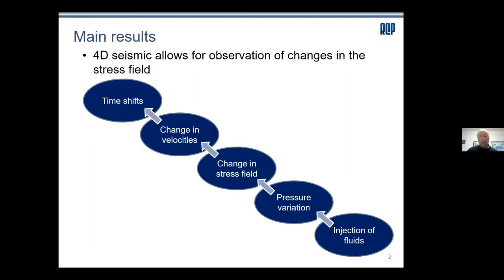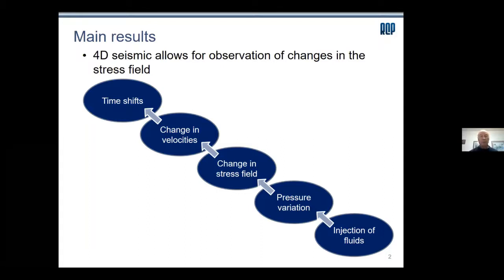So in this case, these geomechanical changes are volumetric in that they occur not just locally, but they're transmitted by stresses into the subsurface. And by changing in the velocity, we can measure these changes with time-lapse seismic by various means.